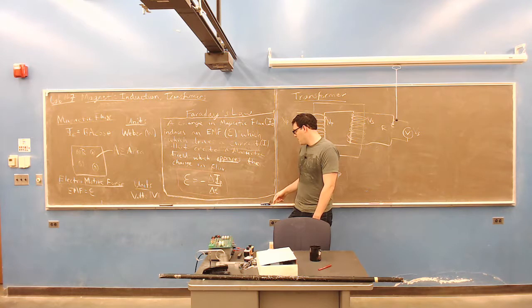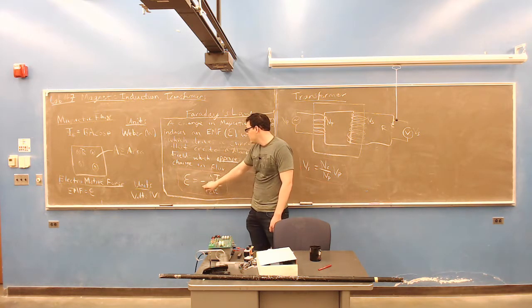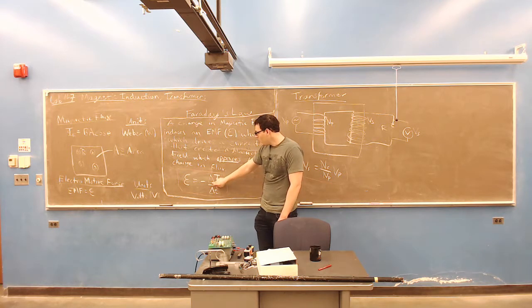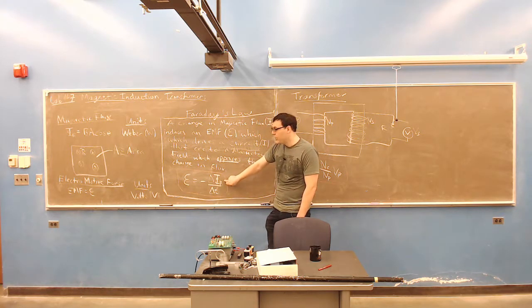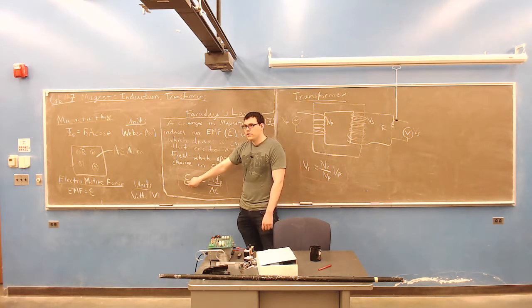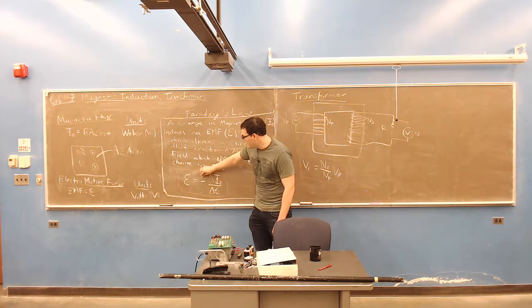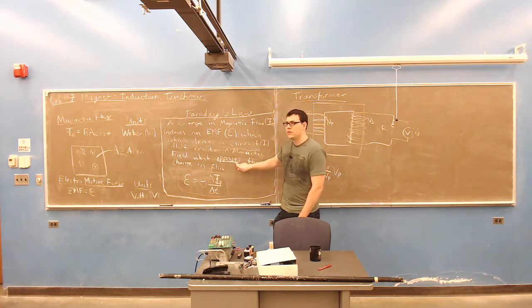All right. And so if we write that as an equation, we write that the EMF is equal to, well, ignore the minus sign for a second, the change in flux over the time. So if you have a changing flux, it produces an EMF, which is a voltage, that'll drive a current. And which direction does that current go in? The direction that opposes that change in flux. So that minus sign is the opposes.